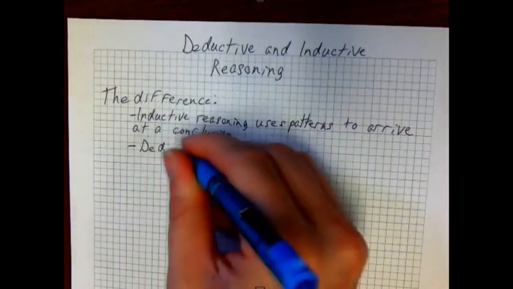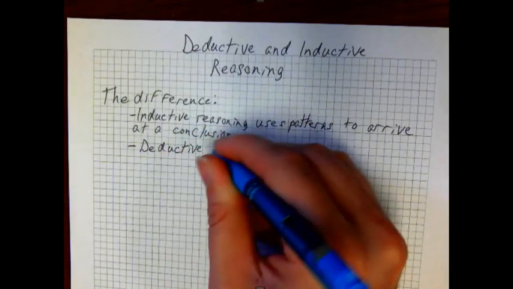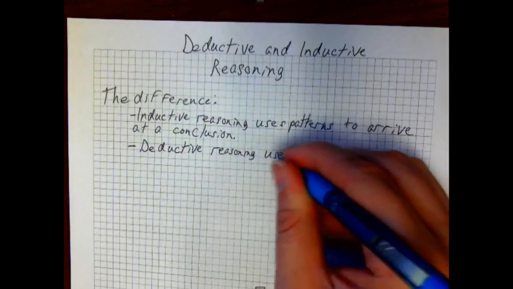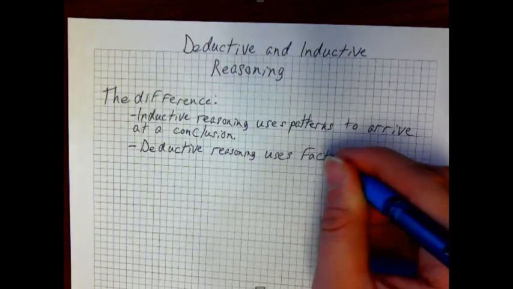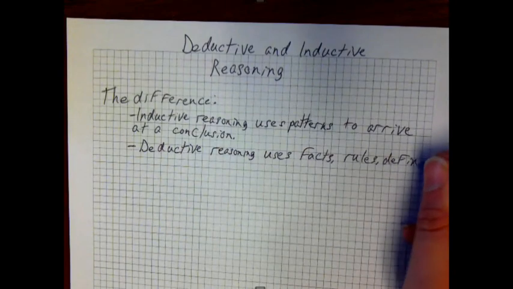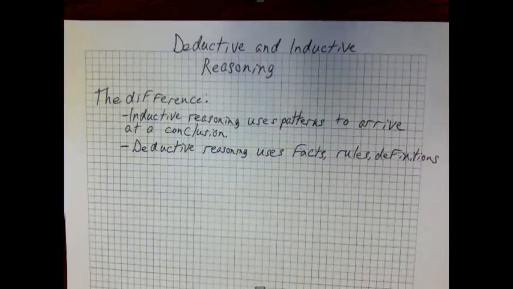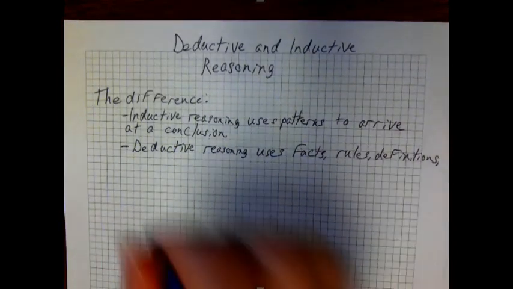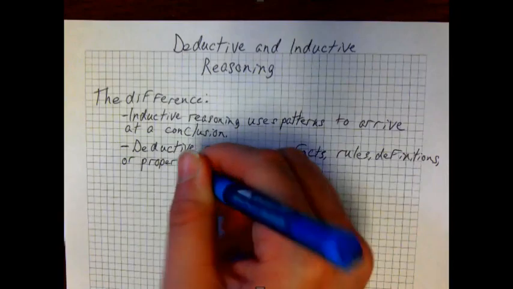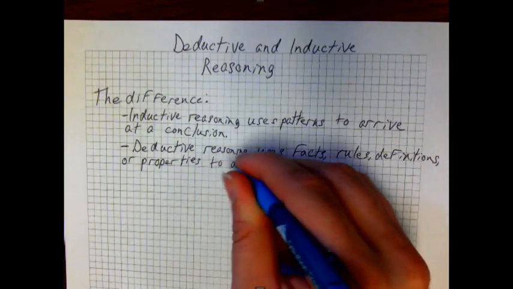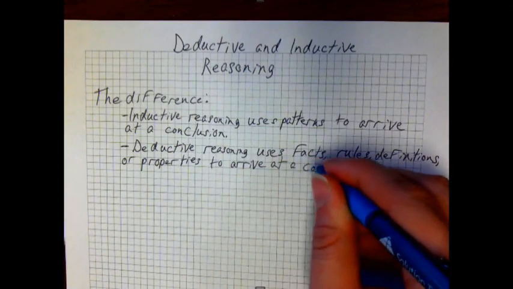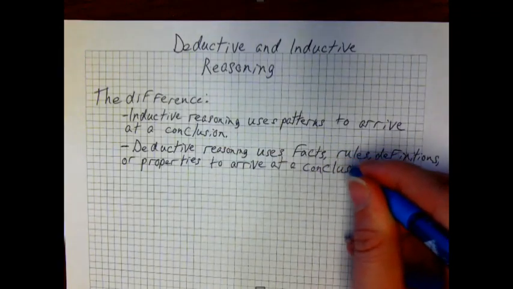Deductive reasoning uses facts and rules and definitions or properties to arrive at a conclusion. So deductive reasoning gathers established evidence.